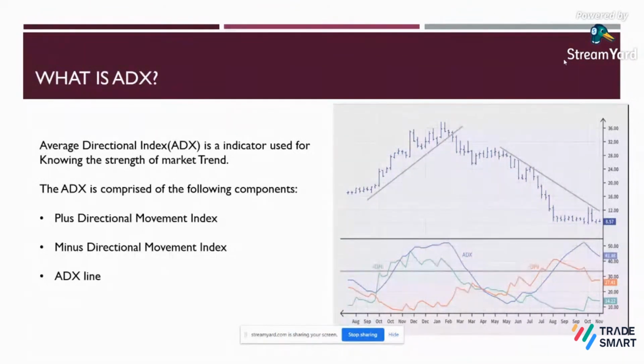ADX is used in quantifying trend strength as well. The ADX is comprised of the following components. There is the plus DMI, the plus directional movement index.